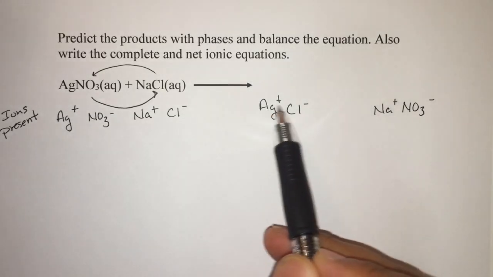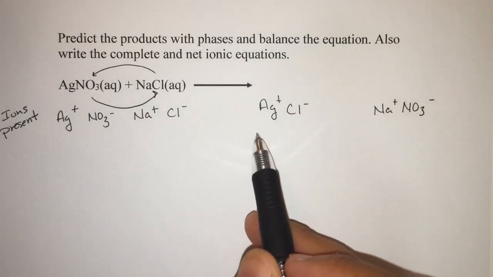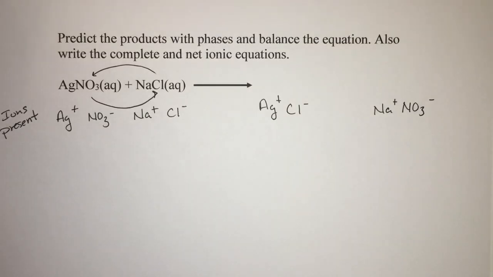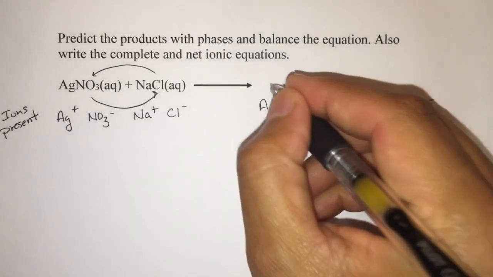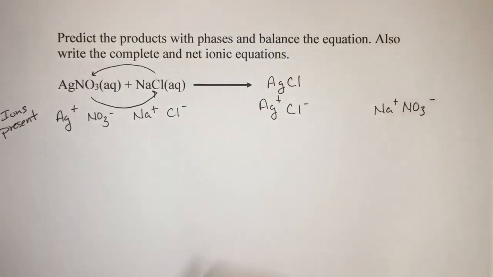So remember back to our writing formulas, we want those charges to balance. Silver's a +1, chloride's a -1. So those charges do balance. So the silver chloride would look something like this: AgCl.